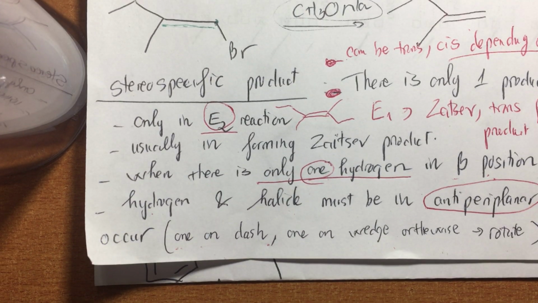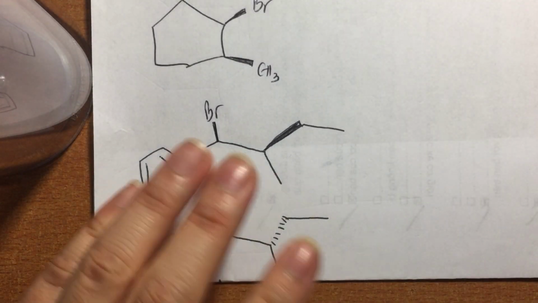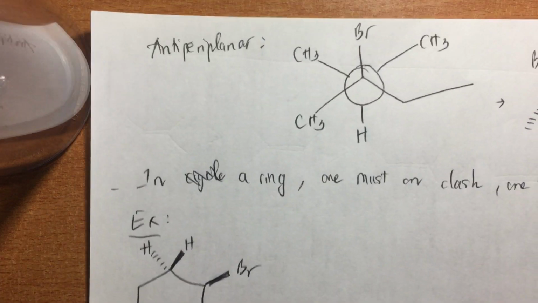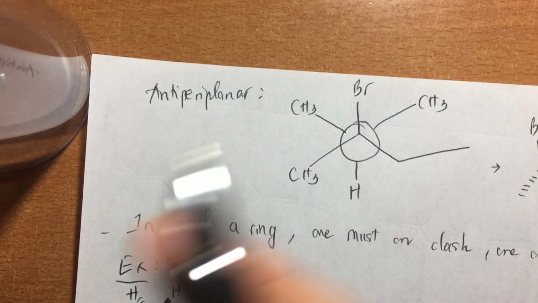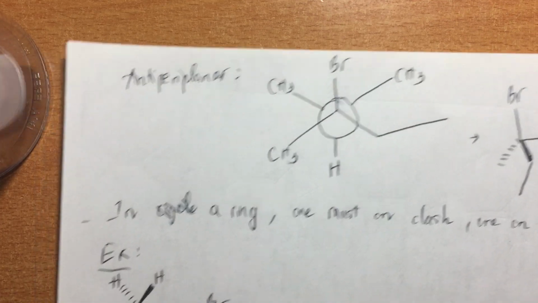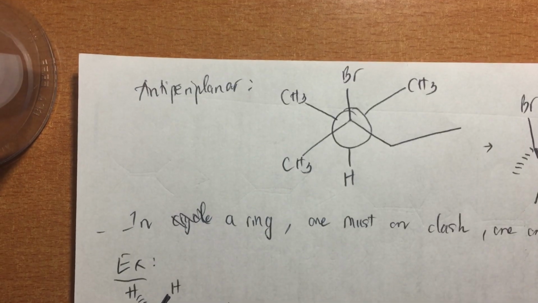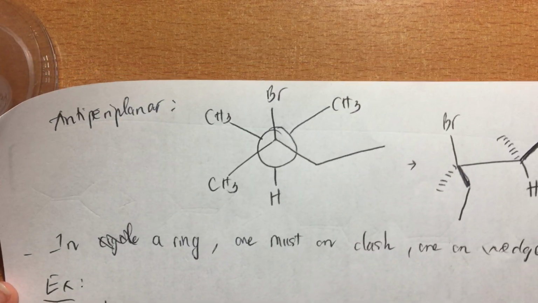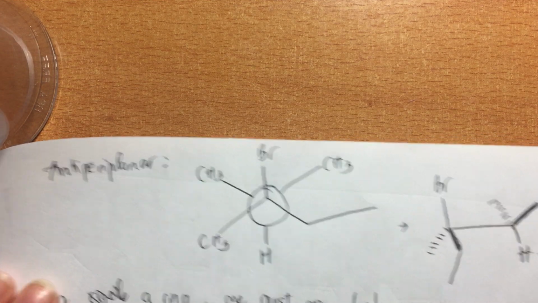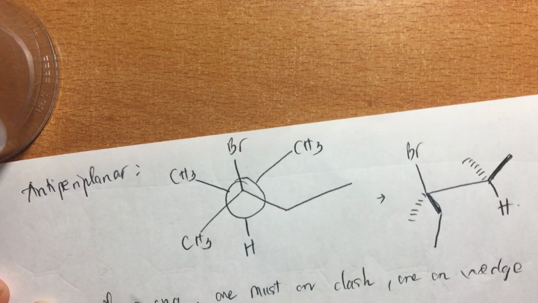Alright, let's go through an example to understand more about stereospecific product. Here is the anti-periplanar configuration that I want you to see. Sorry that I'm using my phone to record, so it is a little bit shaky.